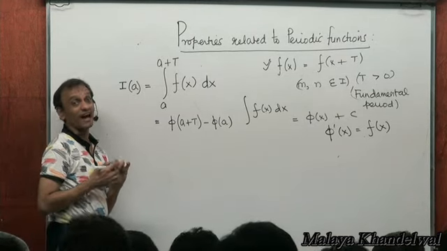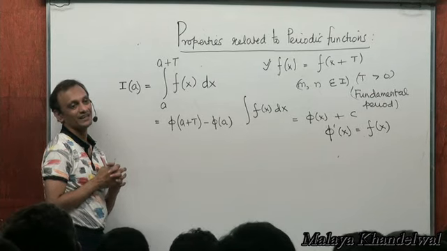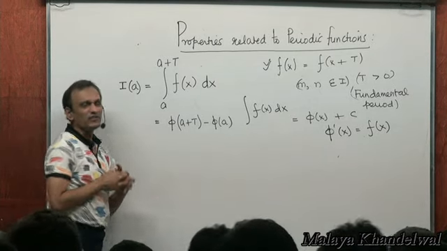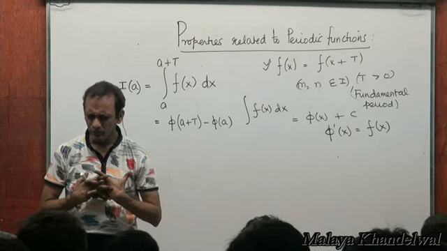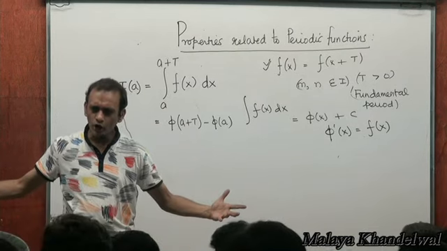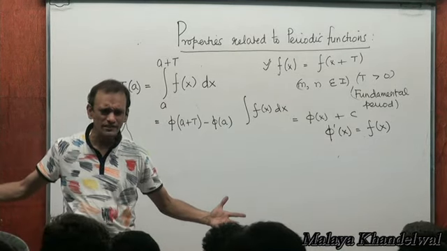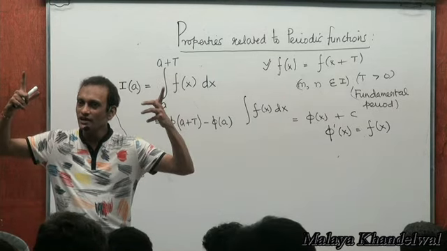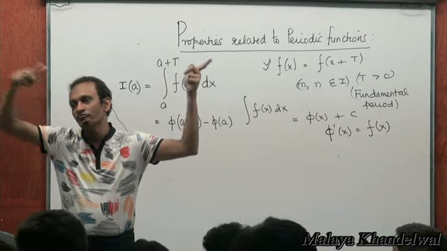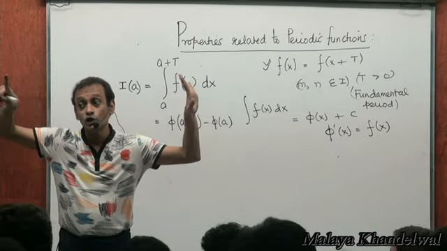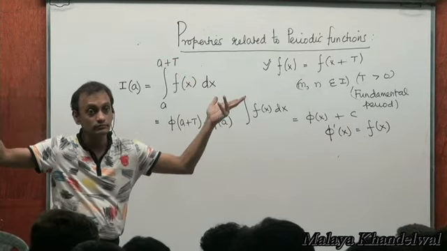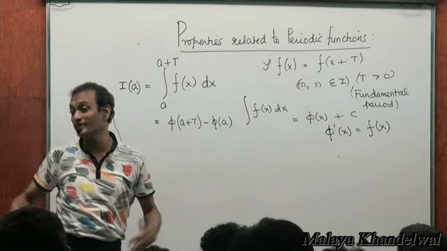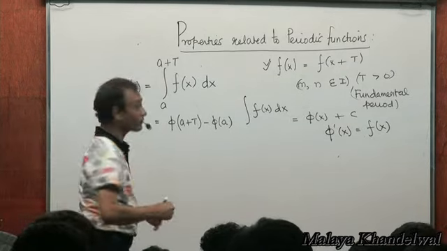I want to show that I is independent of a. If I is independent of a, then should I not have dI/da equal to 0 always? If in the expression for I, a never appears, then on differentiating I with respect to a, it should always be 0. Right? dI/da must always be 0.